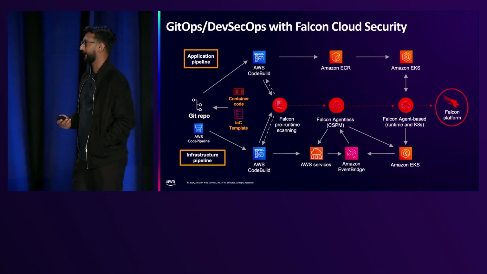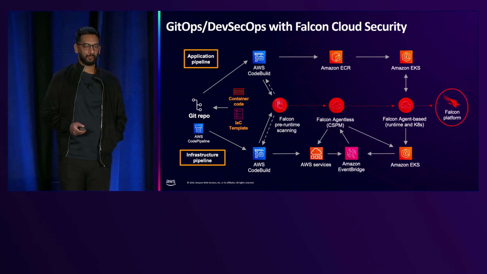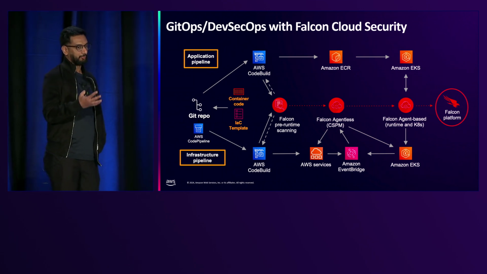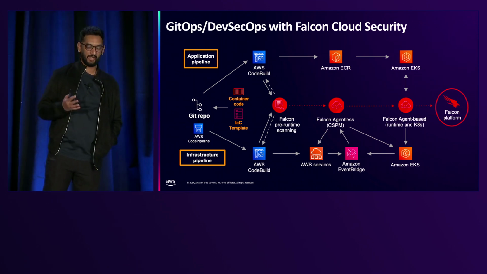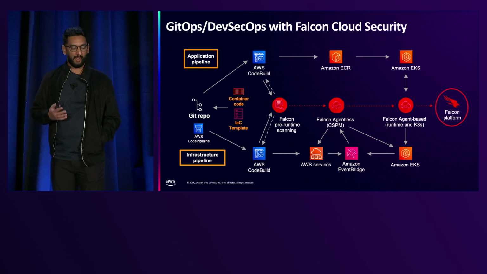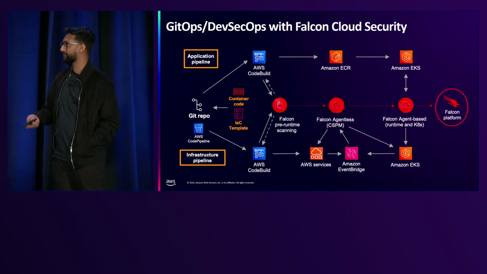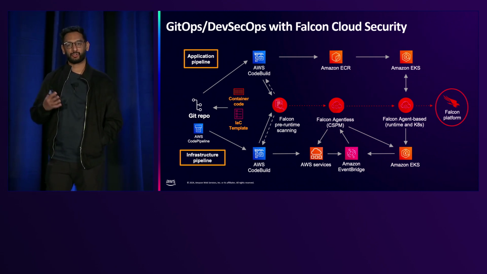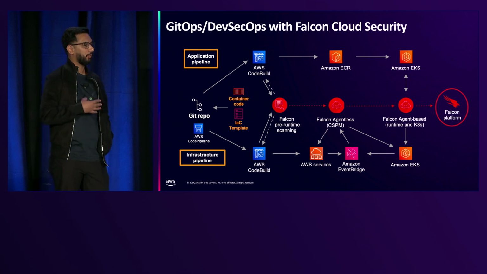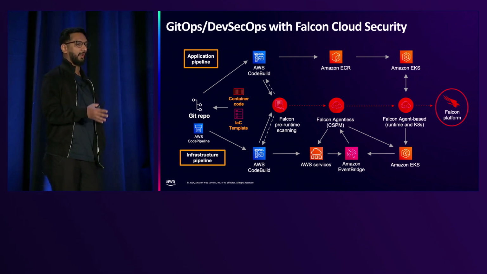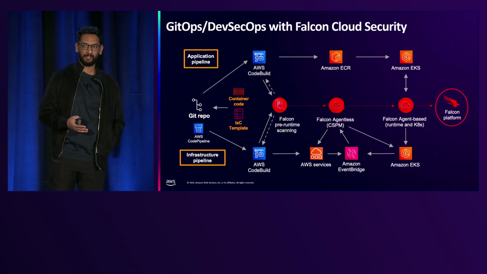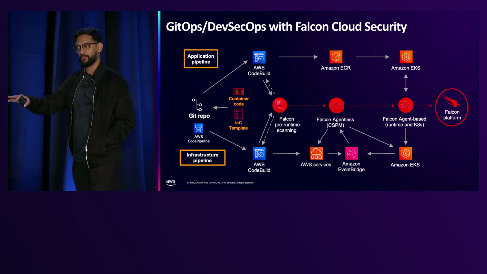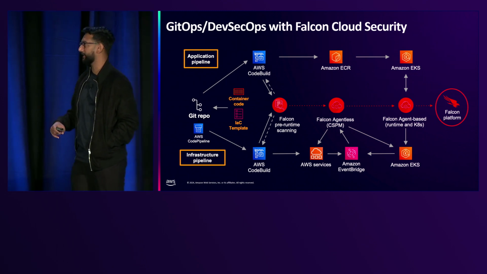How can CrowdStrike help? Now, typically, like I mentioned, most of these applications are built inside of a Git repo. Whenever there is a new change to a Git commit, it's usually two components that go with the application. One is the infrastructure as code template, which defines all of the cloud services that you use.